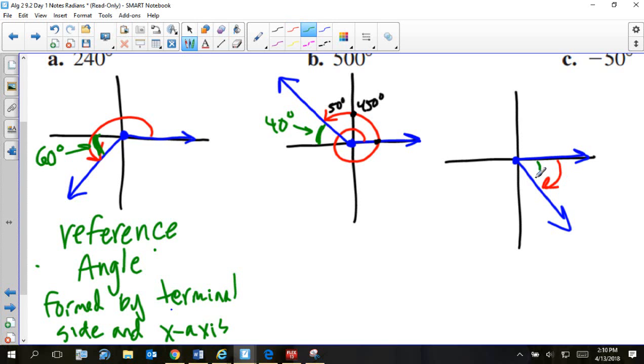My reference angle is always positive. So how far is it from the x-axis? What is that angle? What, Jacob? 50. Yeah, 50. The negative 50 talks about when we rotated it, but the 50 degrees is what it actually measures.